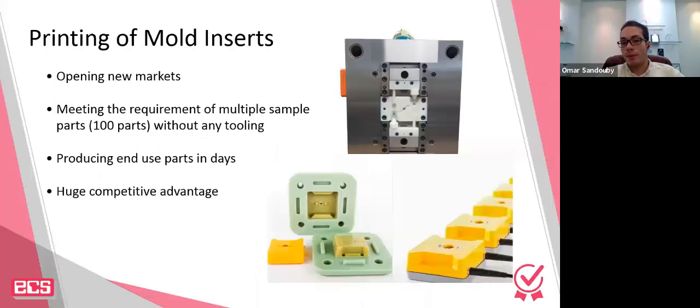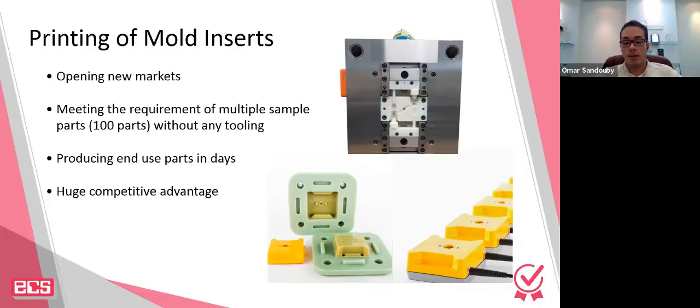So 3D printing and material jetting really gives you a very nice shortcut when it comes to this step. The fact that you can now go around, as what you see here, the green inserts and the white inserts, those have been 3D printed in tough plastic resins using material jetting, and they can take the heat of injection molding and produce maybe up to 100 parts. Of course, it depends on the material that you inject.